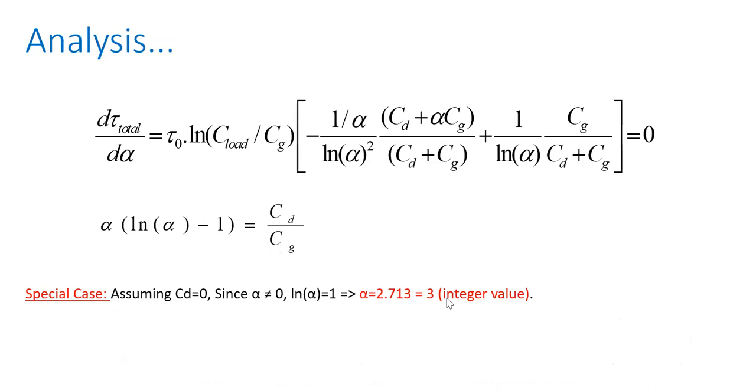Remember, the concept of super buffer is used to minimize propagation delay, and we have to find the scale factor of each transistor in the chain of inverters in the buffer so that the delay will be minimum. We derived it by d tau by d alpha equal to 0, and from there we got this design equation. In the special case the value of alpha comes out to be 3. So this is all about super buffer.